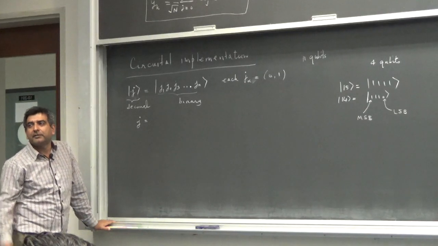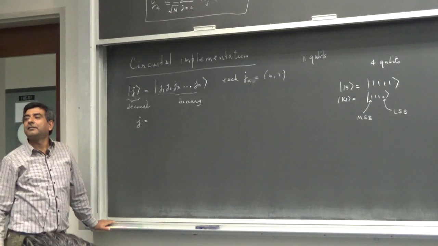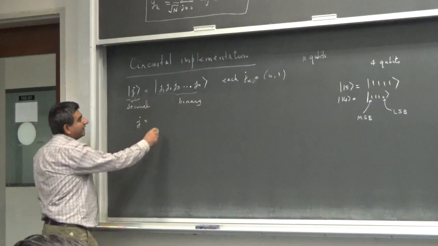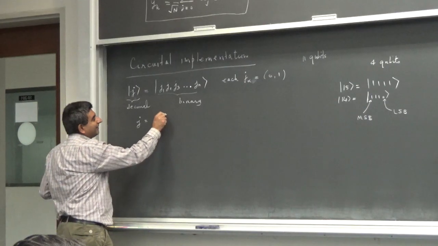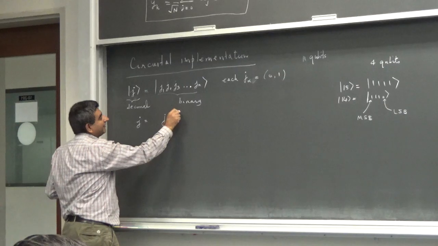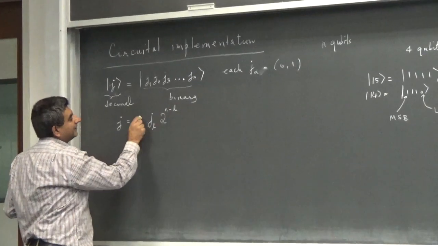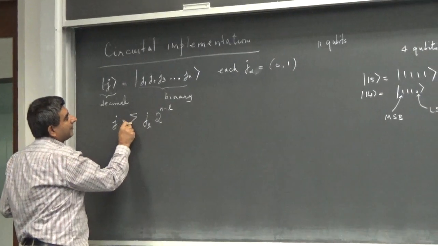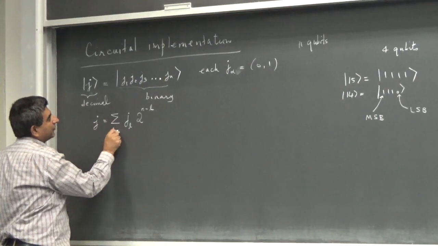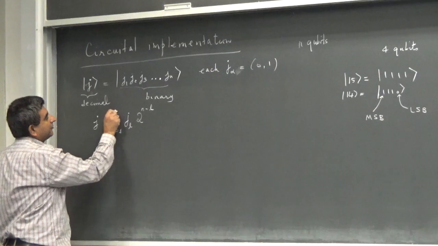Say 2 to the power of that bit multiplied by the bit. Aha. So I take J_L, 2 raised to power n minus L, where L goes from 1 to n.